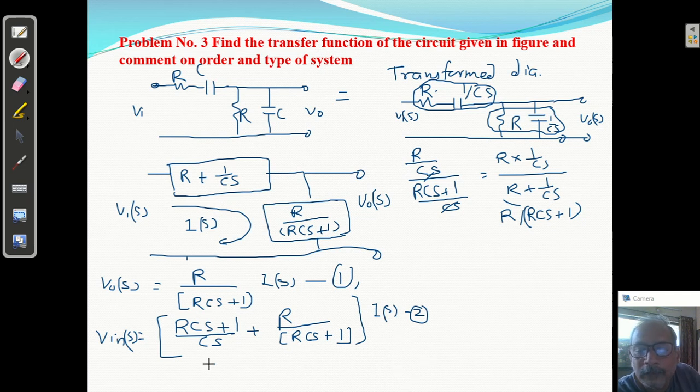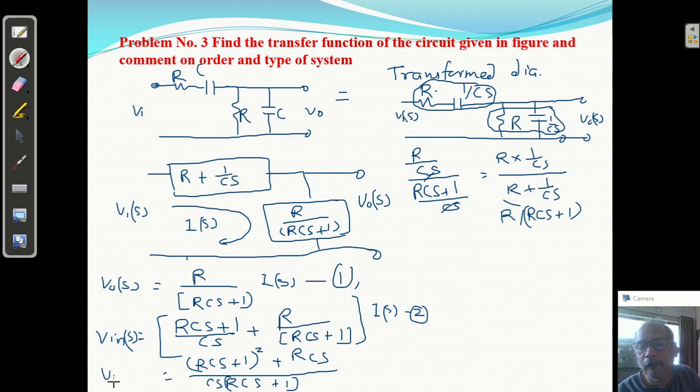If you simplify this, what? RCS plus 1 square plus RCS upon RCS plus 1 into CS.